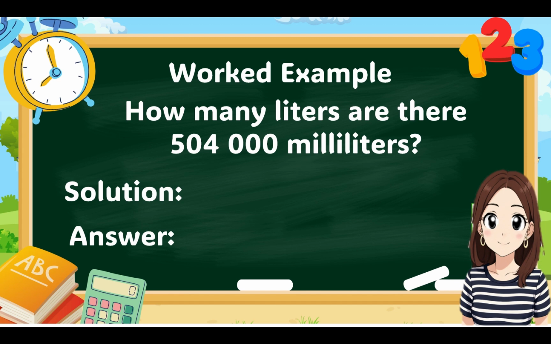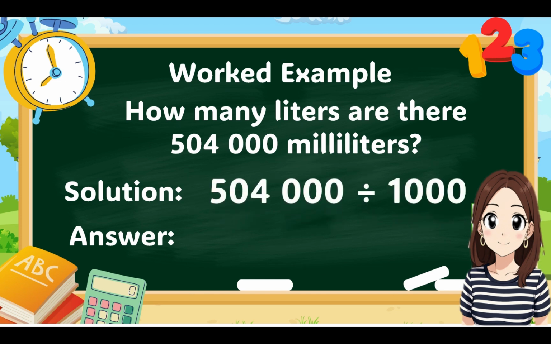How many liters are there in 504,000 milliliters? So we have 504,000 divided by 1,000 because we are converting a smaller unit to a larger unit. That's from milliliter to liter. So the answer is 504 liters.